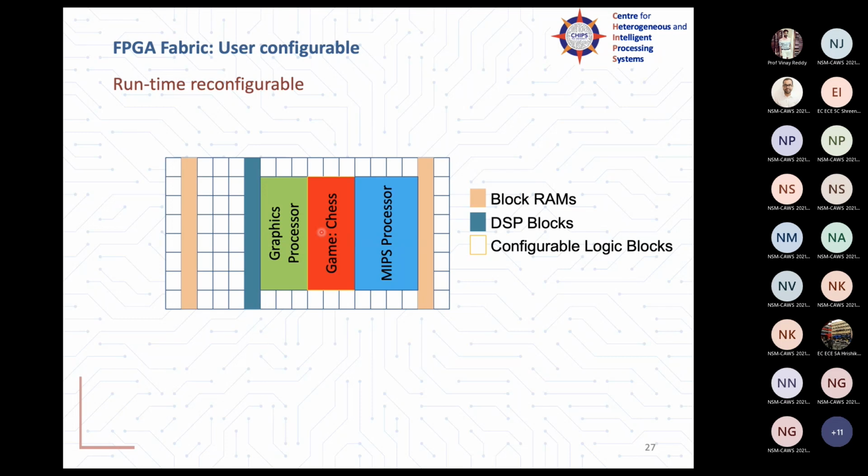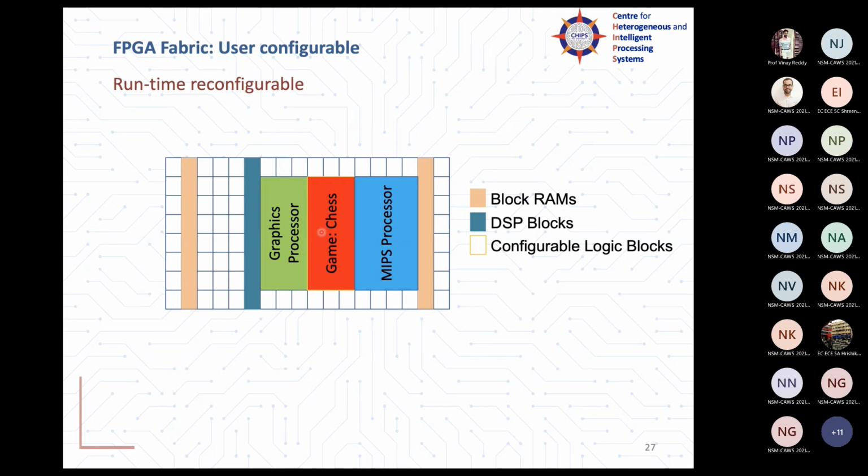So programming, no matter what it is, be it a game or a processor or whatever, is a sequence of ones and zeros, a binary that sets or resets the lookup table, the flip flop, the memory, etc. Do you agree? Basically you have to say what is the sequence of ones and zeros to achieve a certain functionality. This binary is called a bit stream.